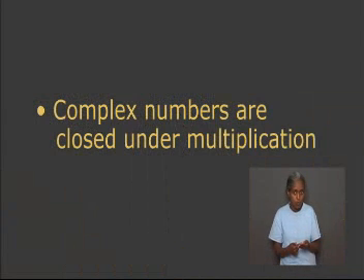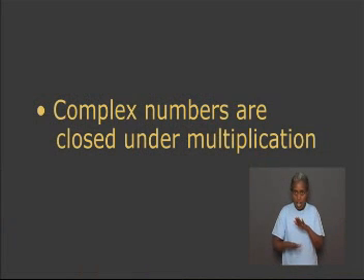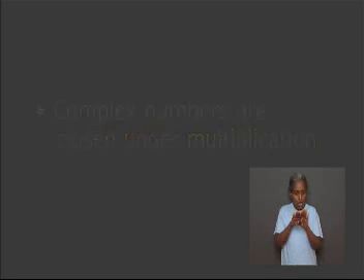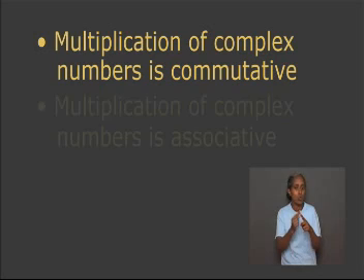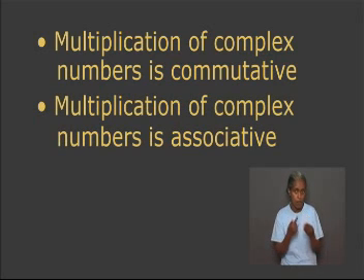Therefore, complex numbers are closed under multiplication. When we multiply two closed numbers, the order of the operands will not change the product, nor will the grouping of the terms. Therefore, multiplication of complex numbers is commutative and associative.